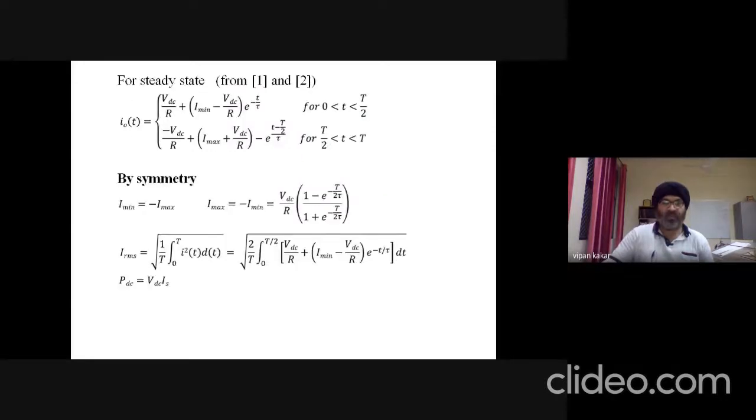And then we know that we have a symmetry in inductive current. The net value will be 0. So the minimum value will be equal to the maximum value, opposite in nature. So we can easily find out these using the symmetry concept. And from this maximum and minimum current, we can get the RMS value. And from this, we can easily find out the power.